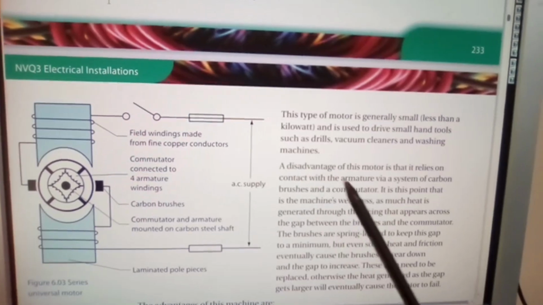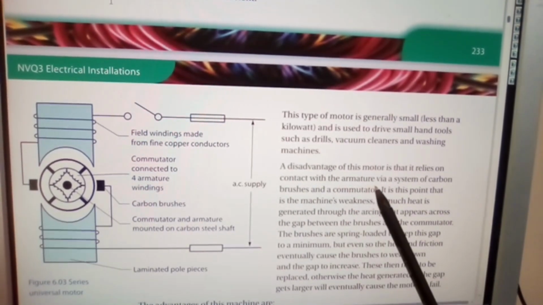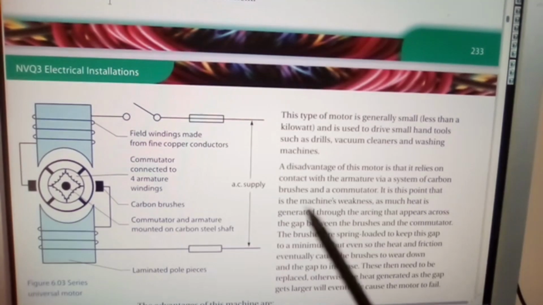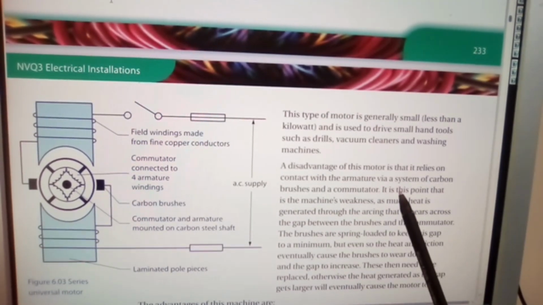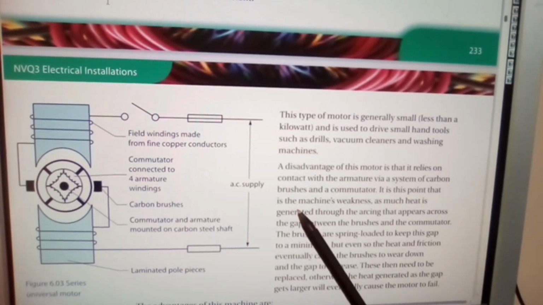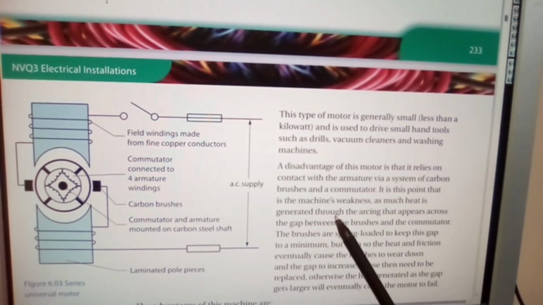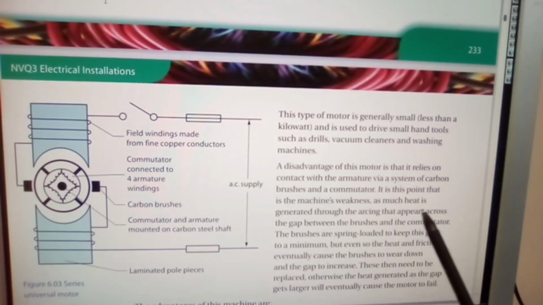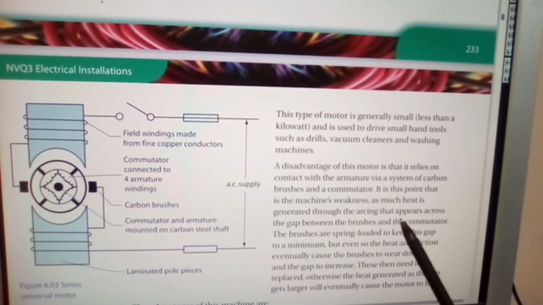A disadvantage of this motor is that it relies on contact with the armature via a system of carbon brushes and a commutator. It is this point that is the machine's weakness, as much heat is generated through the arcing that appears across the gap between the brushes and the commutator.